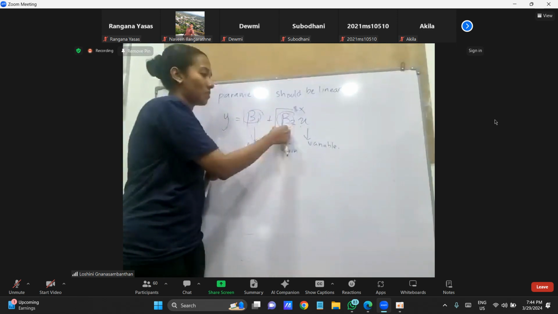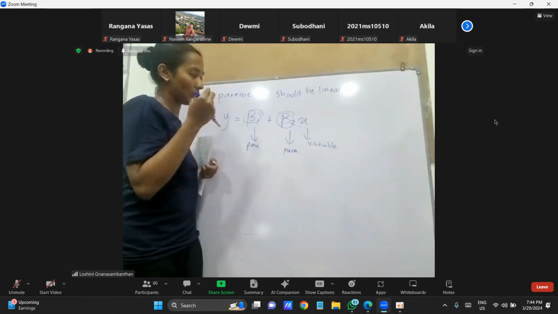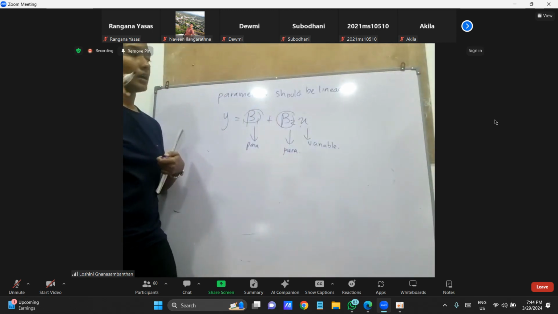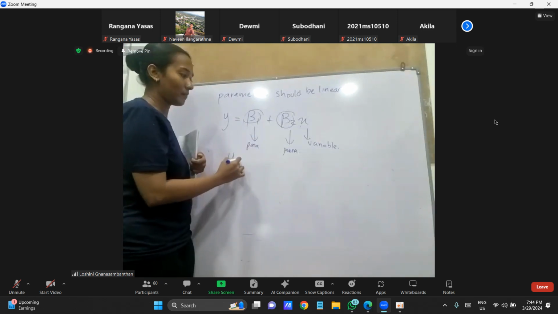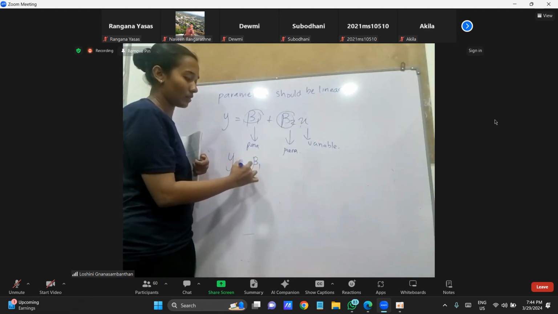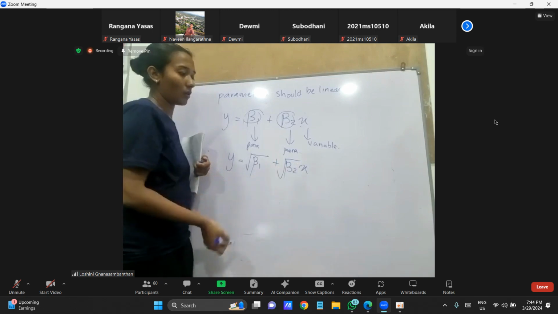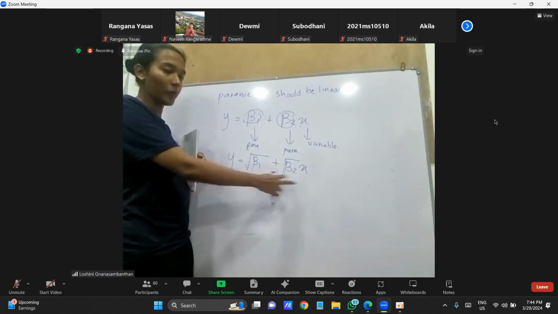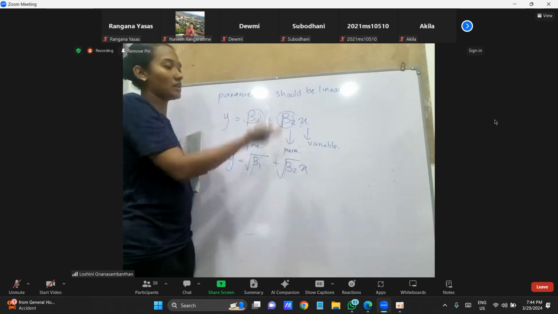So if in case you get a square, let's say beta 1 squared, or even one over beta 1, then can you see the parameters are not linear?